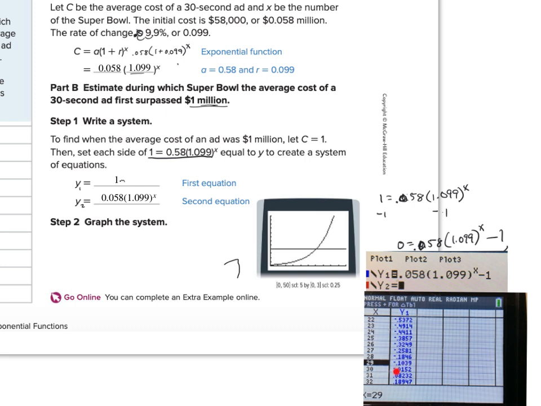So I transitioned right here from 30 to 31 years, it went over $1 million. So just being able to identify what a related function is going to tell.